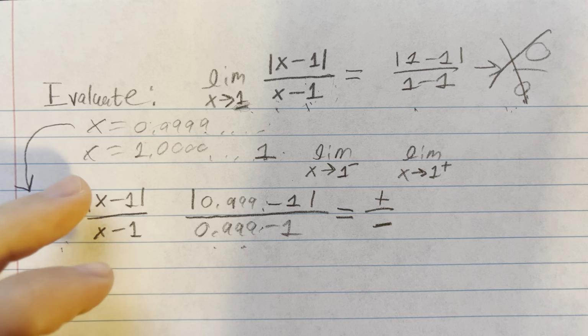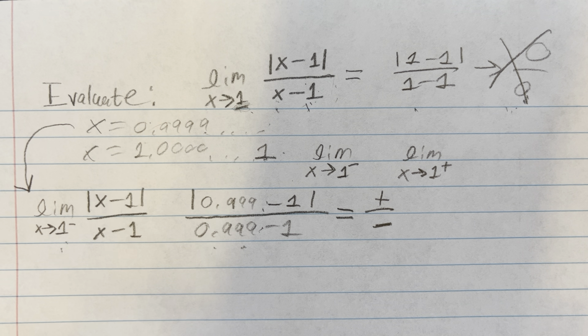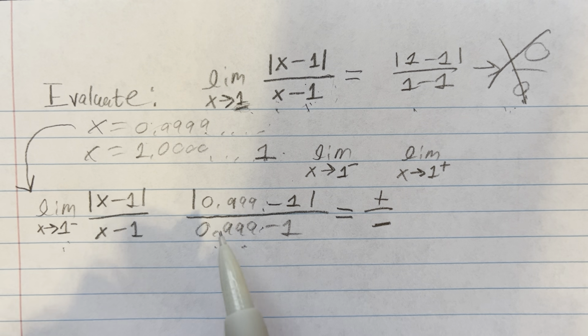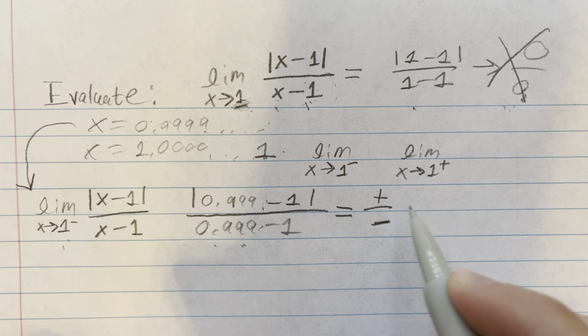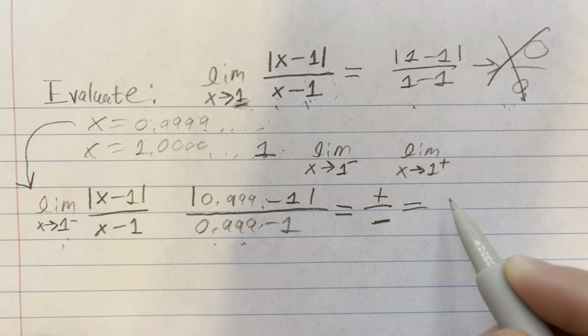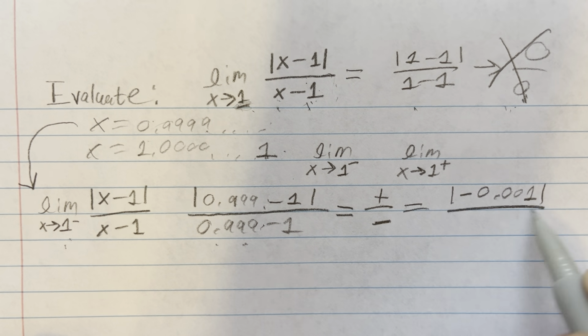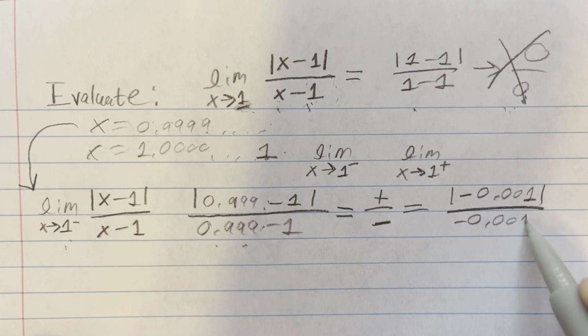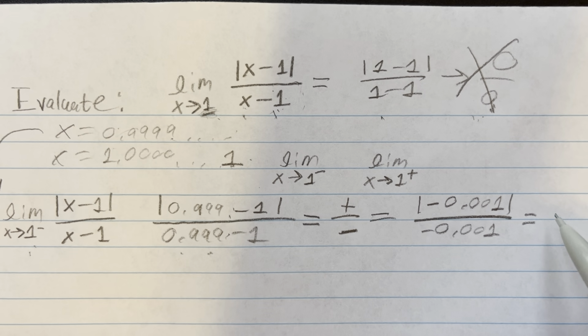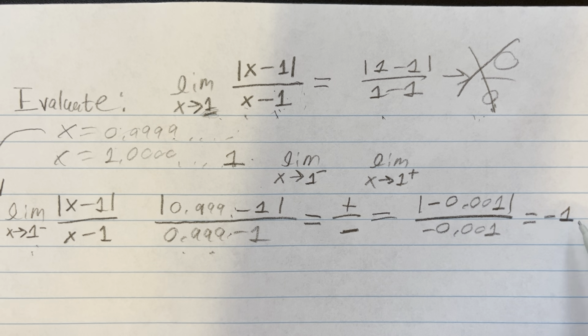I believe this is 0.001, yeah, you could do that in your head. What we're going to end up getting is absolute value of negative 0.001 over negative 0.001. And that's just going to equal negative 1, right?